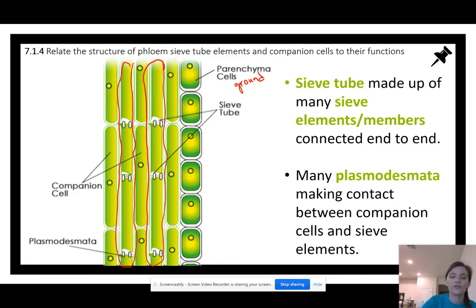So sieve tubes, so this is 2 sieve tubes, and each sieve tube is made of a bunch of sieve elements, the individual cells, stacked on top of each other. They've got lots of plasmodesmata, those sieve plates with pores, and they're kind of going along. The companion cells are right next door, doing all the stuff to keep them alive.